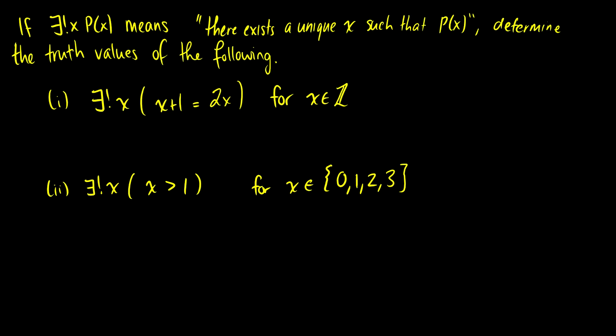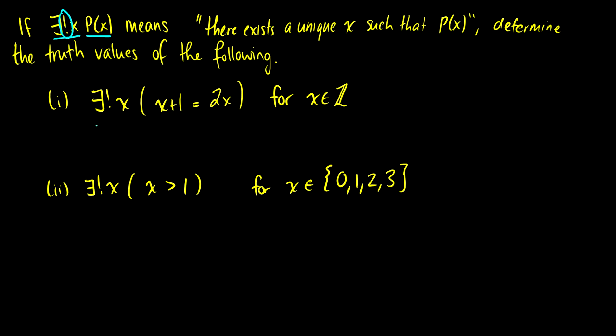Okay, so here we're going to introduce the unique quantifier. So this says there exists a unique x such that p of x, this exclamation mark means unique. So this means that there is exactly one x such that p of x. We need to determine the following truth values.